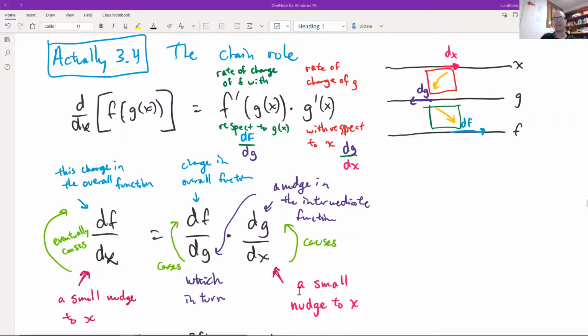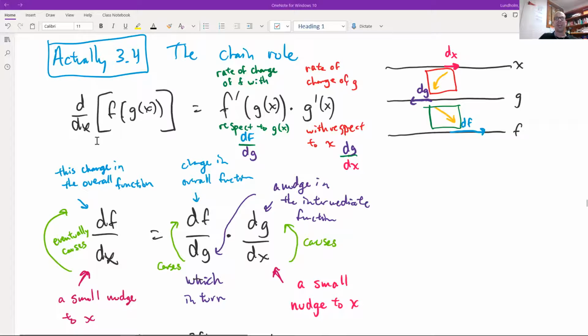But yeah, the idea is a small nudge to x causes a nudge in an intermediate function g, which in turn causes a change in the overall function f. And we can shorten that as df dx, where the small nudge to x eventually causes a nudge to the overall function f.